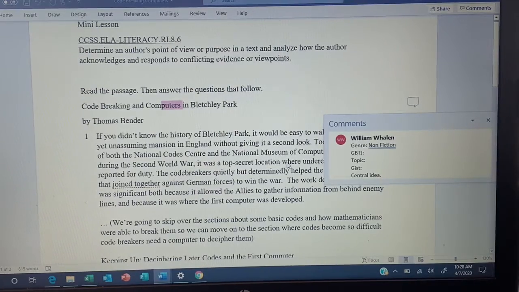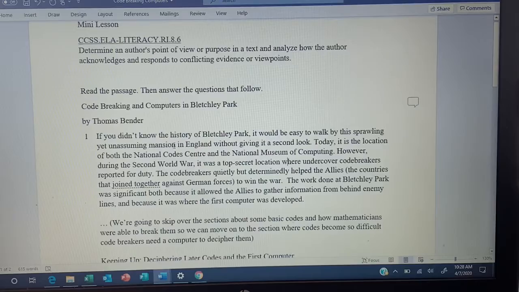And just by reading this first paragraph, I can tell that we're talking about a place called Bletchley Park where people were breaking codes. It's where the National Code Center was, where code breakers were working to figure out German codes during World War II.